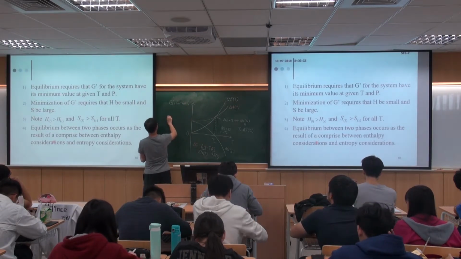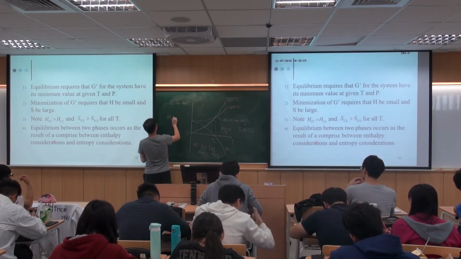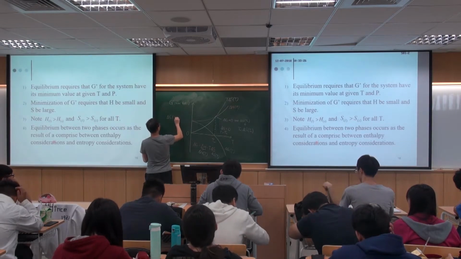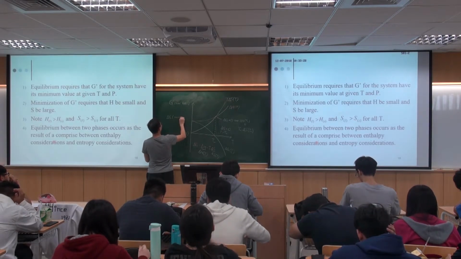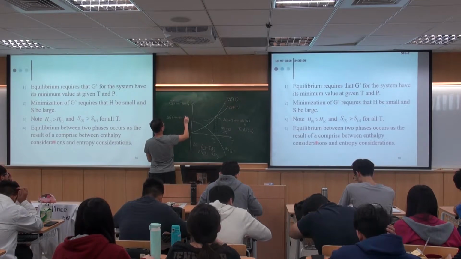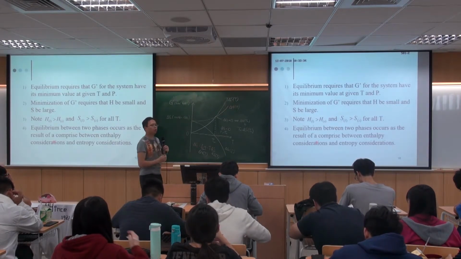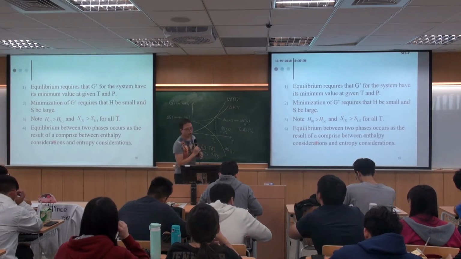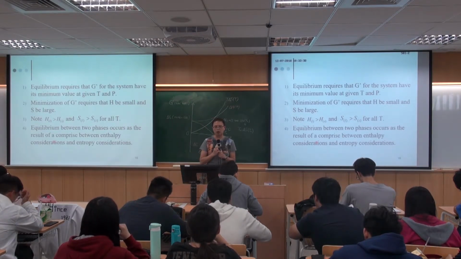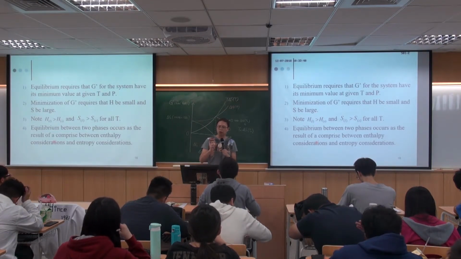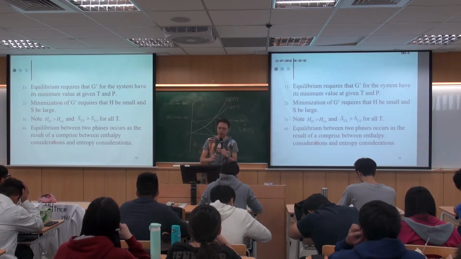If you're using delta G, you can say this is the reaction Gibbs, which is what I typically call it. So depending on which route you are going through, you will have different kinds of criteria to define equilibrium.